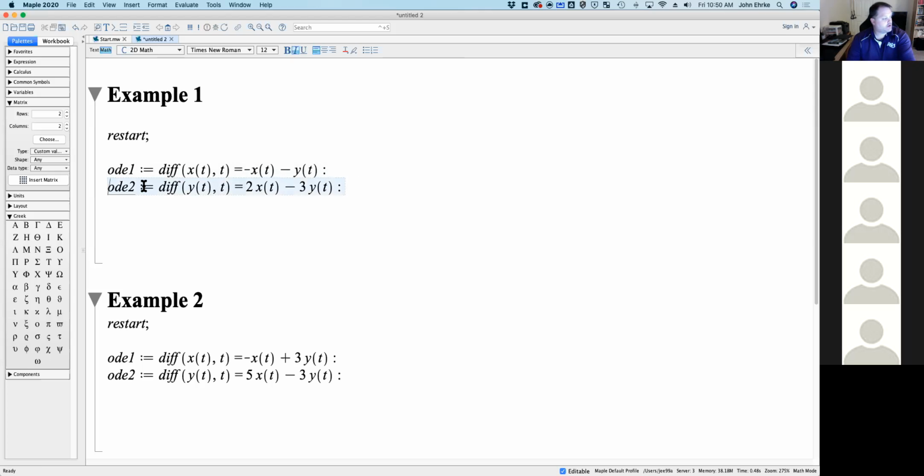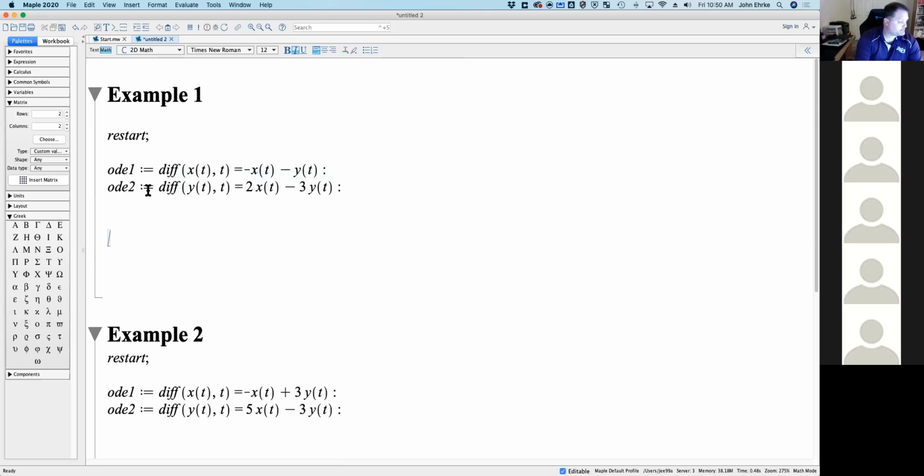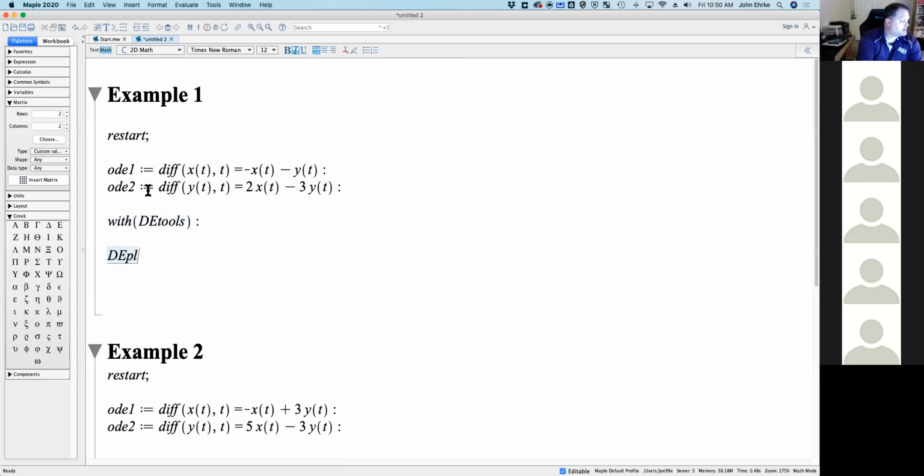I'm just going to go ahead and enter both ODEs, and then I'm going to do DEplot, and I'm going to plot ODE1 with ODE2. That creates a system. System variables are X and Y. And then I need to give ranges to the different values. I'll say 0 to 10, -5 to 5, -5 to 5.